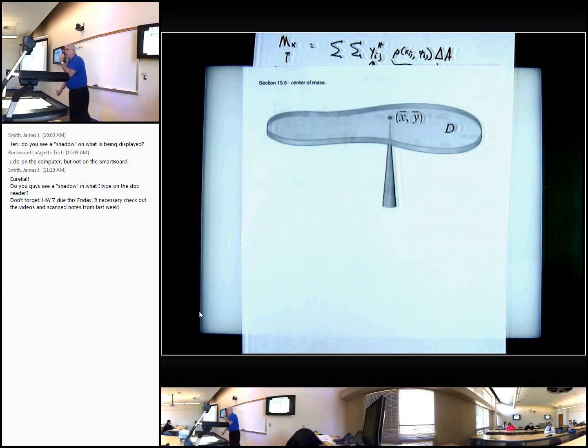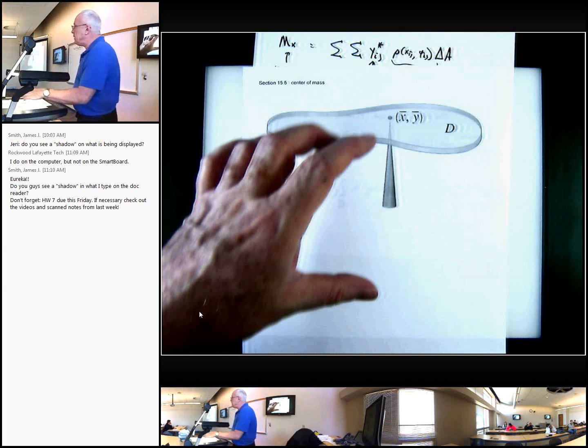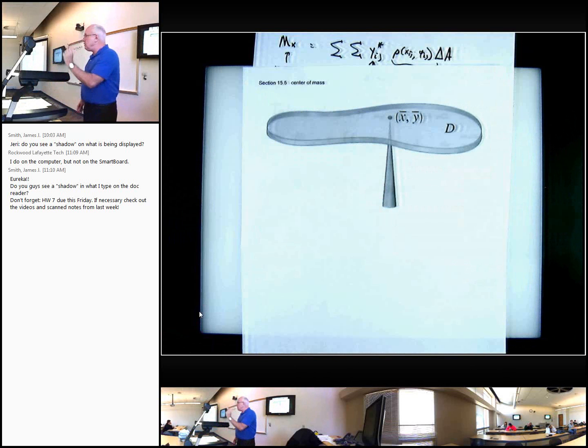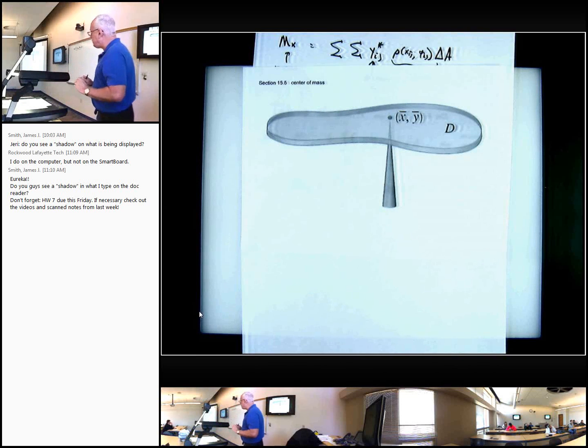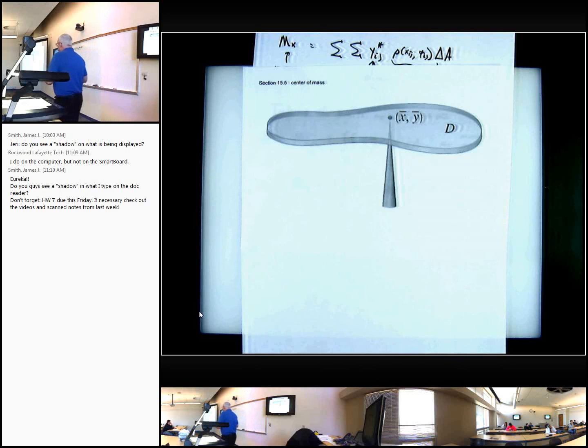There's a point on that lamina that, if we theoretically suspended it on a little rod or something like that, it would completely balance out. That's called the center of mass. And the definition of the center of mass is this.